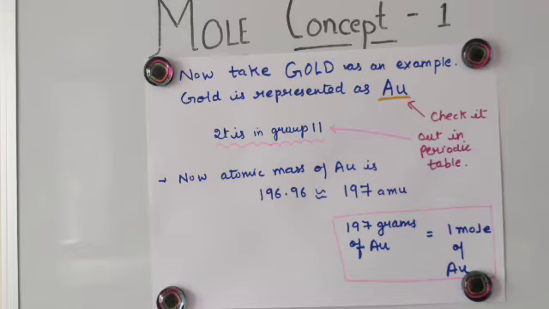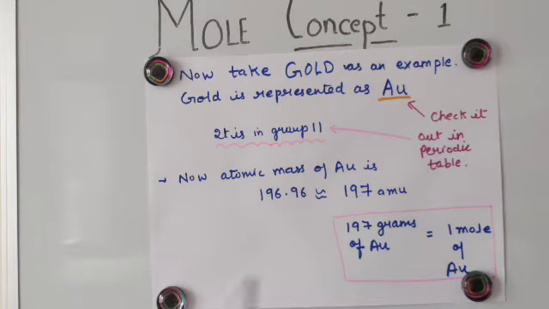So we can say that if we collect 197 grams of gold, it will make 1 mole of Au, because 197 is the atomic mass of gold, and previously I told you 1 mole of a substance is equal to gram atomic mass.